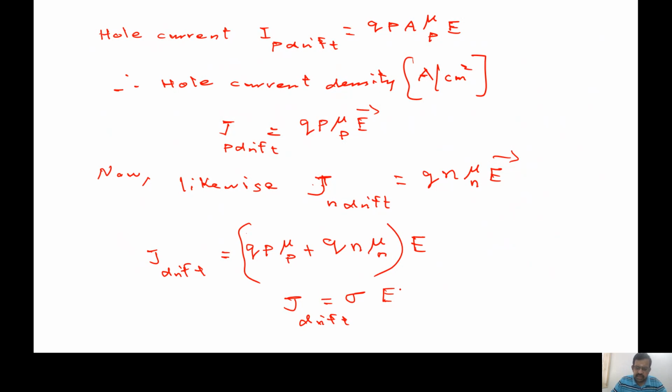J equal to sigma E, where sigma is the electrical conductivity of the semiconductor.